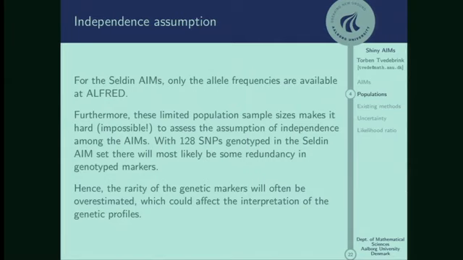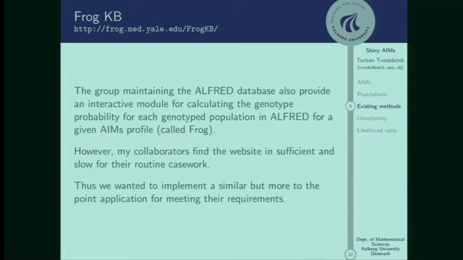So this is one thing that we want to look at, but at the moment, for most of these populations we only have the allele frequencies, so we cannot do any assessment of this problem. But if people have the entire genotypes available, then you can start looking into some structure. And we have genotyped some populations, but not overwhelmingly many.